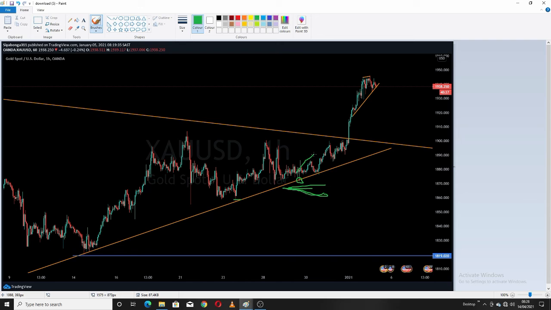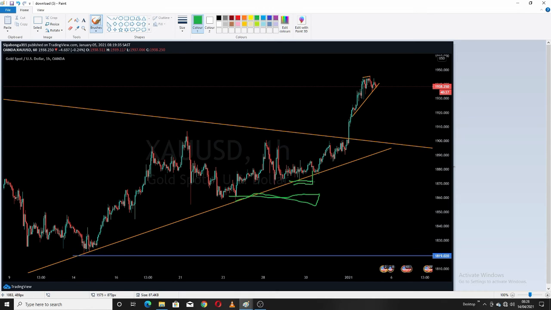Or you can just keep trailing stop, trailing stop until the market kicks you out. So your stop loss should be on the previous low, or it should be below the trend line.